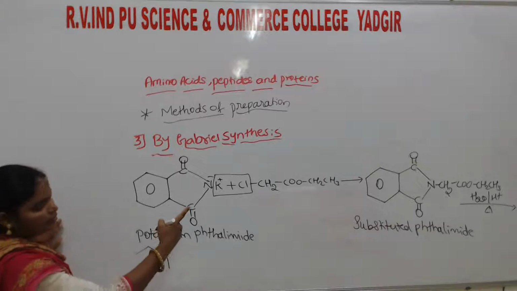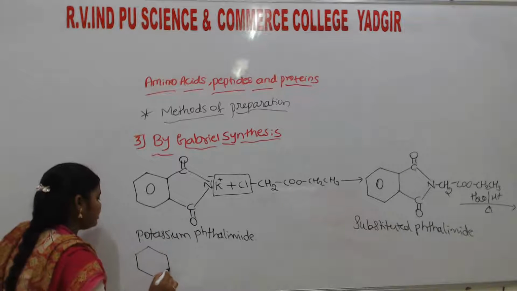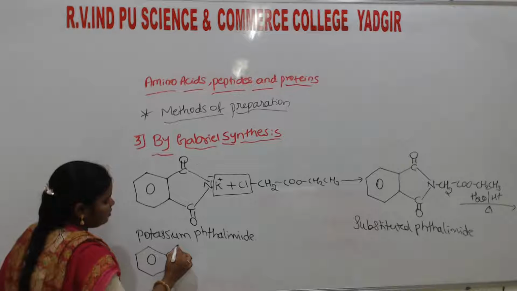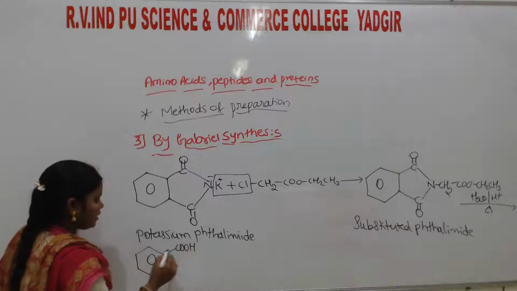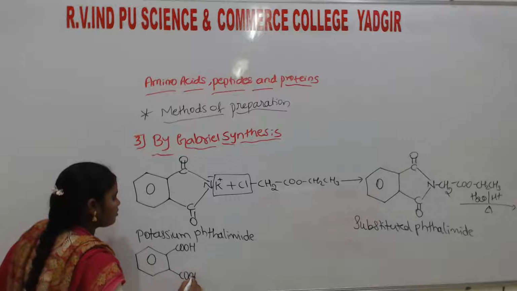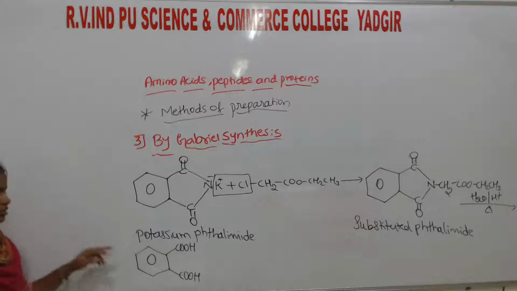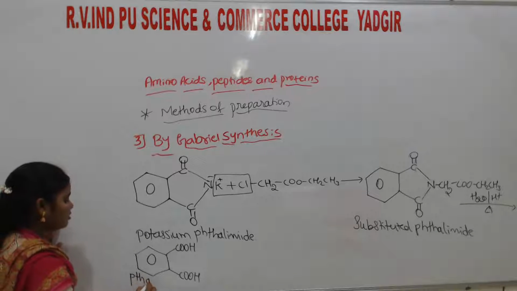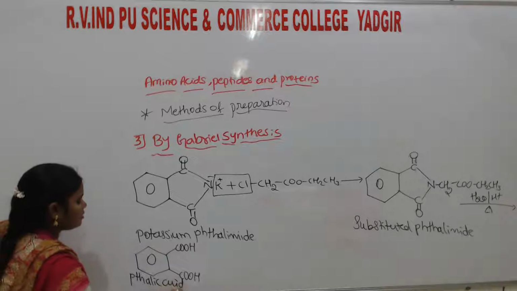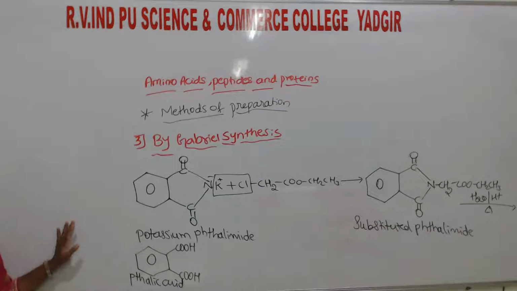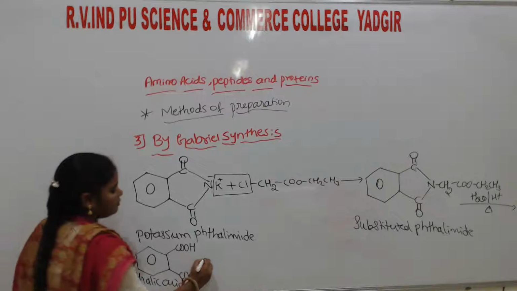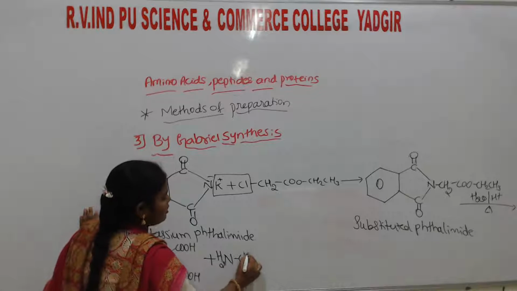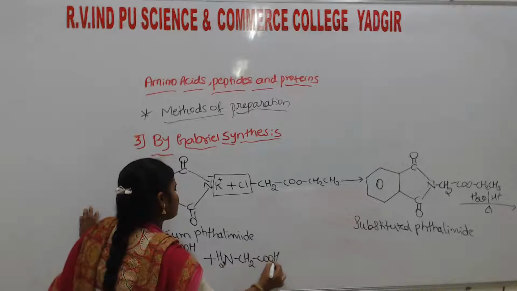On hydrolysis of that substituted phthalimide, we get phthalic acid, where the COOH carboxylic acid groups are present. This is phthalic acid plus amino acid is formed here, NH2CH2COOH.